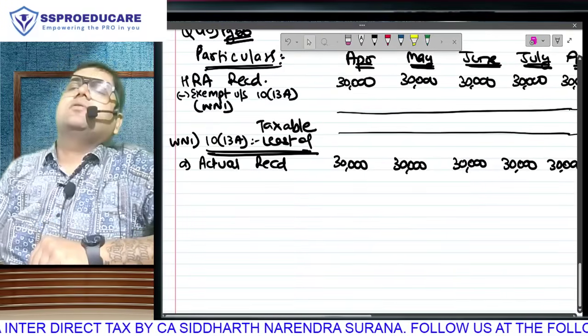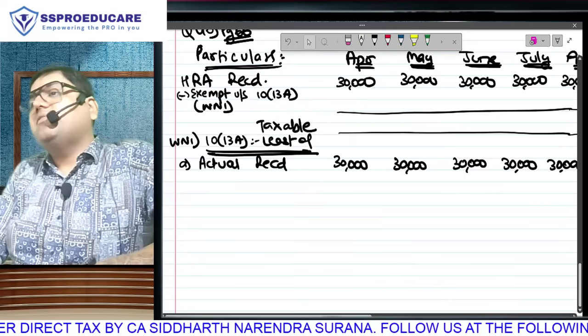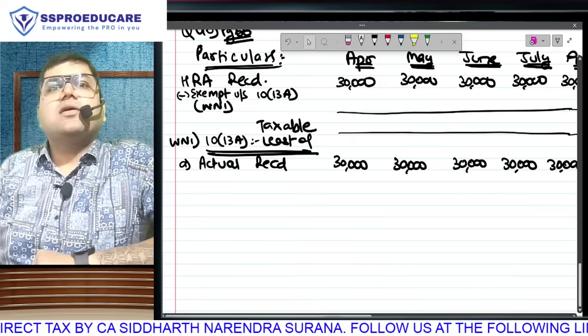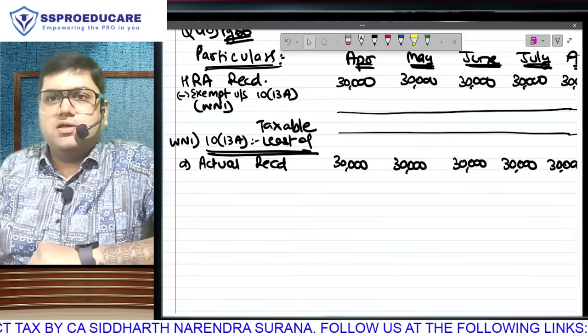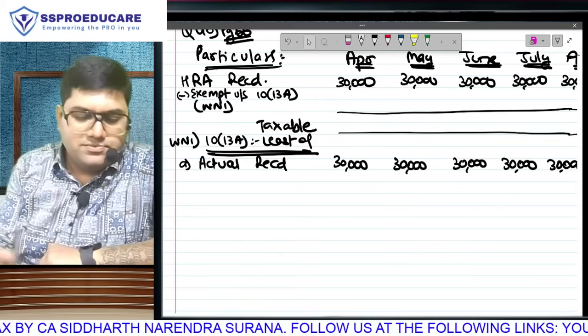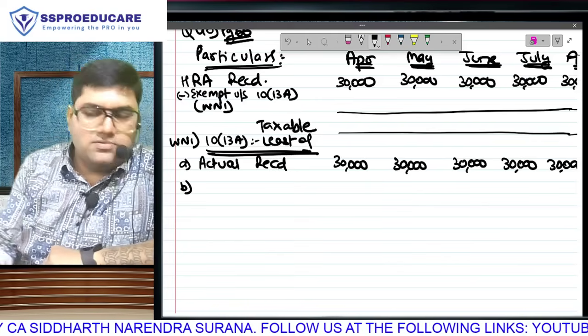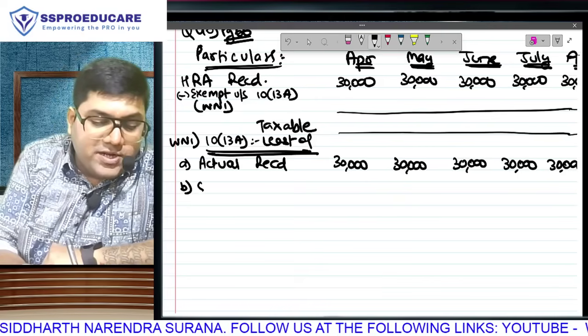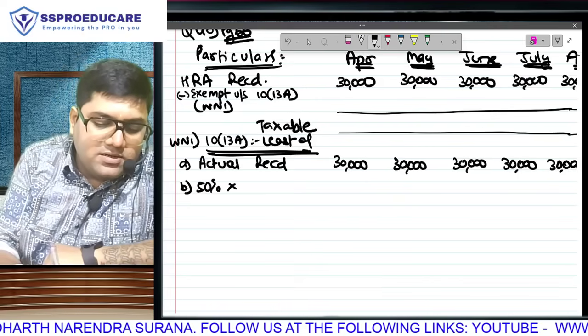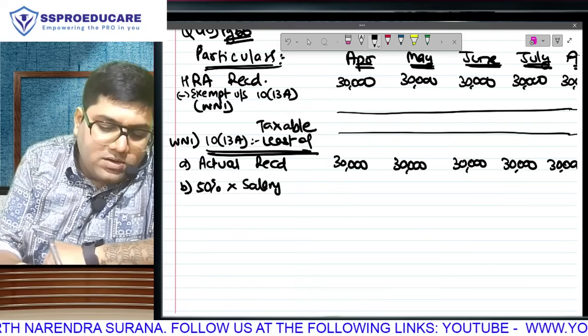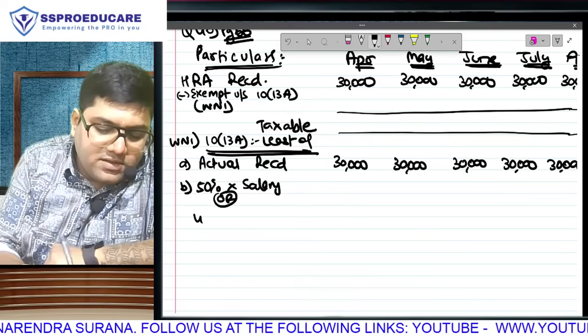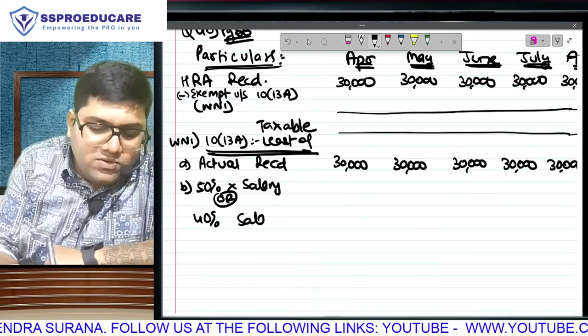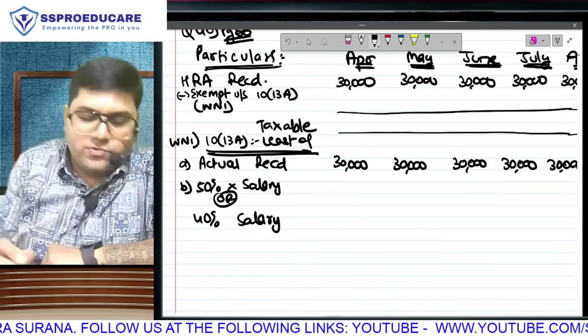So actual received. What is the second limit in calculation of HRA exemption, please? What is the second limit? 50% of salary or 40% of salary. Correct? Now look at how smartly we have to play here.